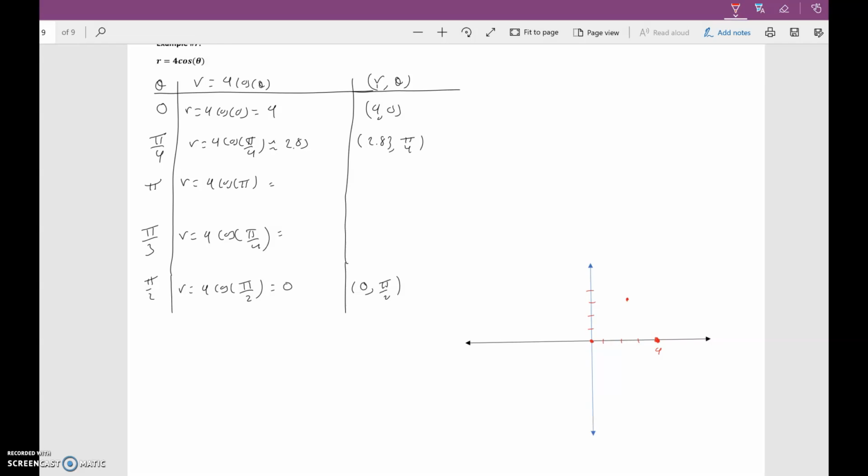And then let's go back at technically pi, but the pi one is going to give us a negative. So this one we're getting negative 4. So this one will be negative 4 comma pi. Remember that for these type of angles, so 1, 2, 3, 4.